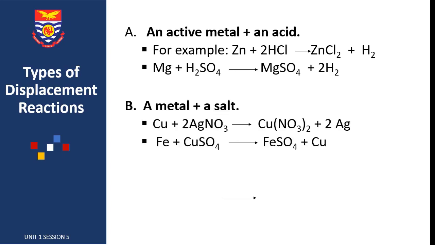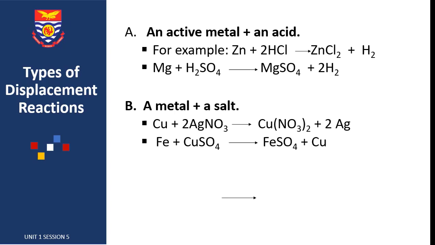Another type of displacement reaction is when a metal reacts with a salt. So an example, we have copper metal reacting with silver nitrate to give us copper nitrate and then the silver metal.